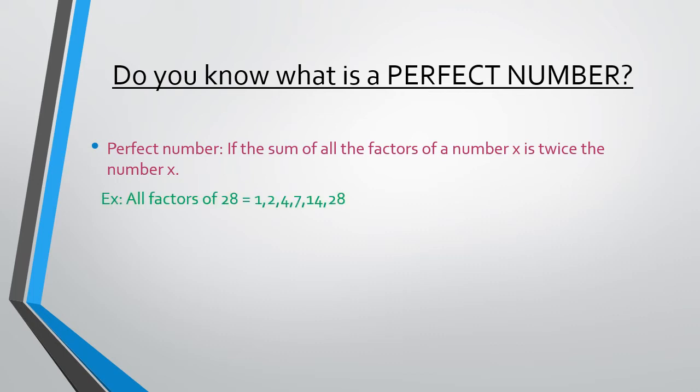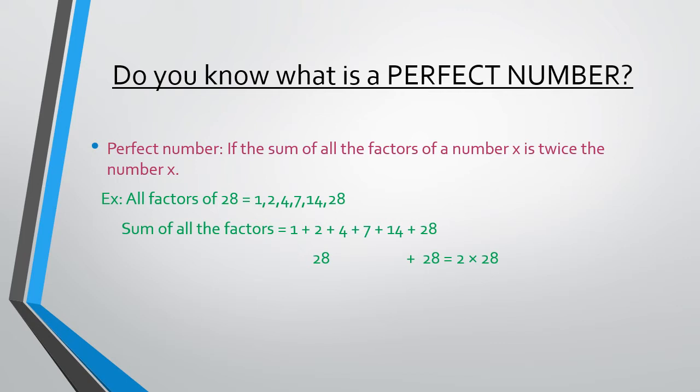Now, I want to check if 28 is a perfect number. So, I am going to find all the factors of 28. So, what do I get? The factors of 28 are 1, 2, 4, 7, 14 and 28 itself. Next, I am going to add all the factors.